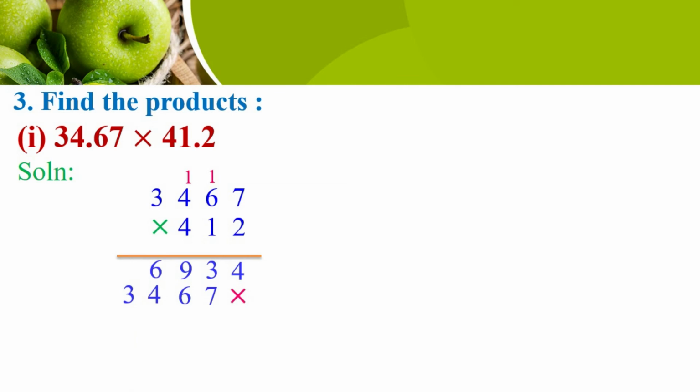Let's take the 4 table. 4 sevens are 28. Place 8. Remaining 2. 4 sixes are 24 plus 2, 26. Remaining 2. 4 fours are 16. 16 plus 2, 18. Place 8. Remaining 1. 3 fours are 12. 12 plus 1, 13.